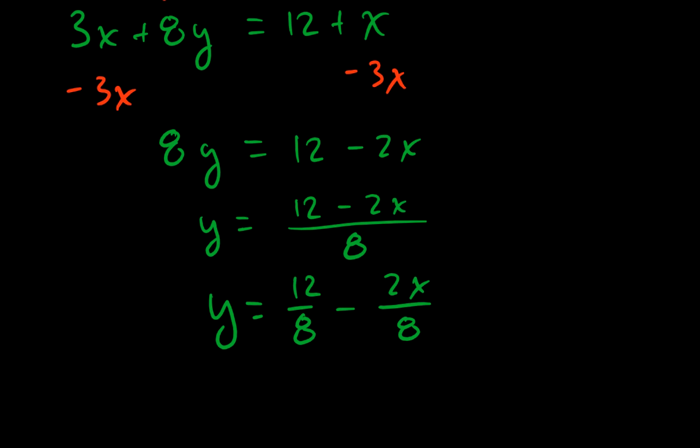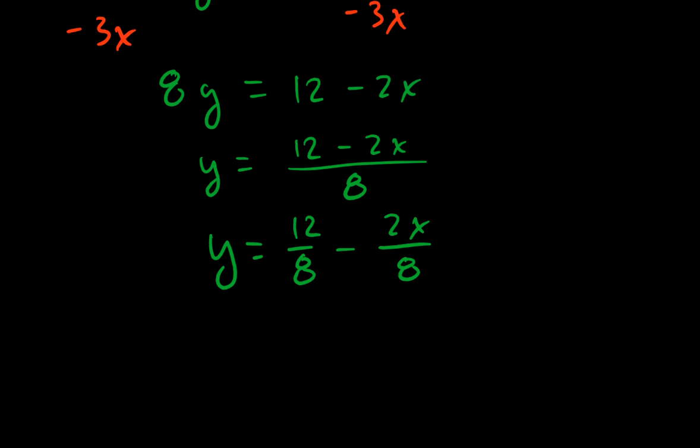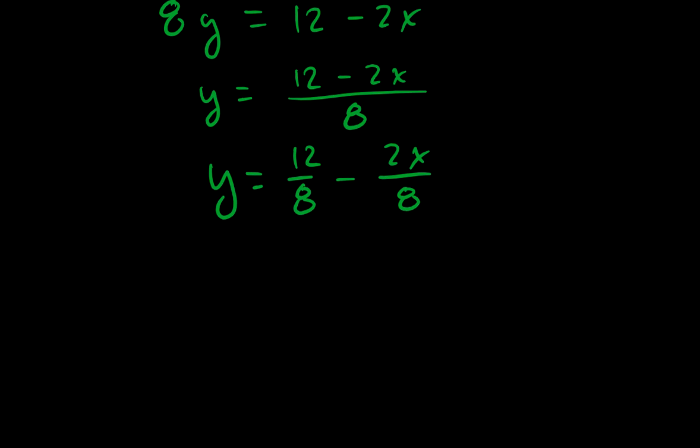And honestly, that's a fine answer. I can process that. I can look at it. But it's really a good idea to simplify things. And also, I'm going to switch the order of these two terms so that it looks like it's in slope-intercept form. So 2 over 8 is a fourth, right? So this is y equals, notice it is negative, so I'll say negative 1/4 and then just times x.